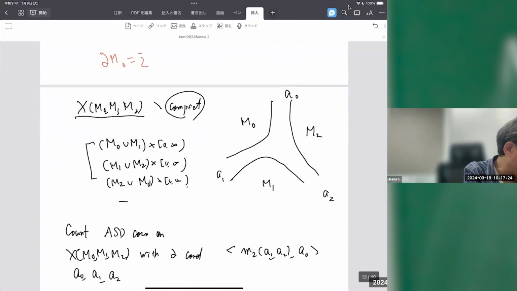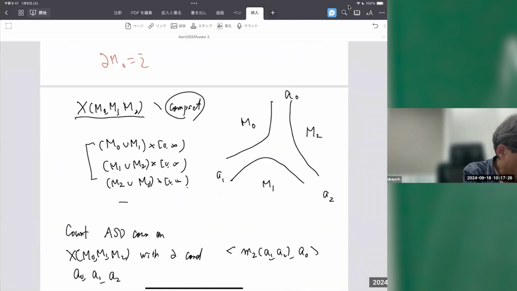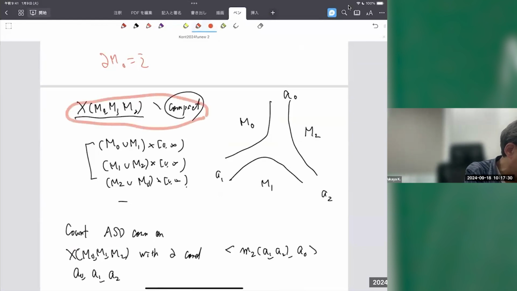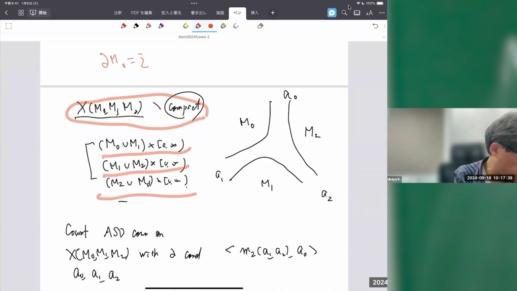Outside of a compact set, it looks like a union of these three: M0 cap M1 cross R, M1 cap M2 cross R, M2 cap M0 cross R.